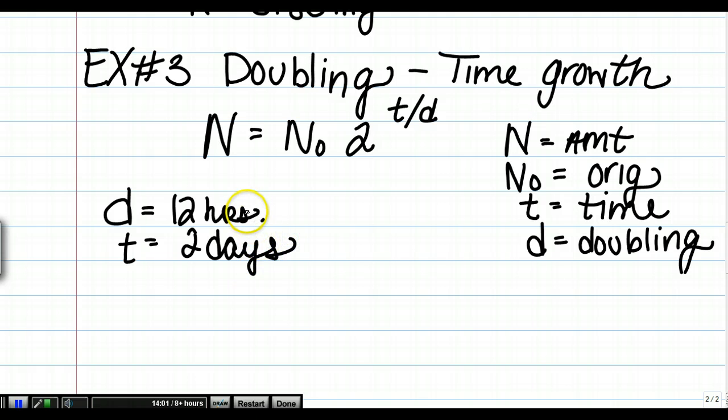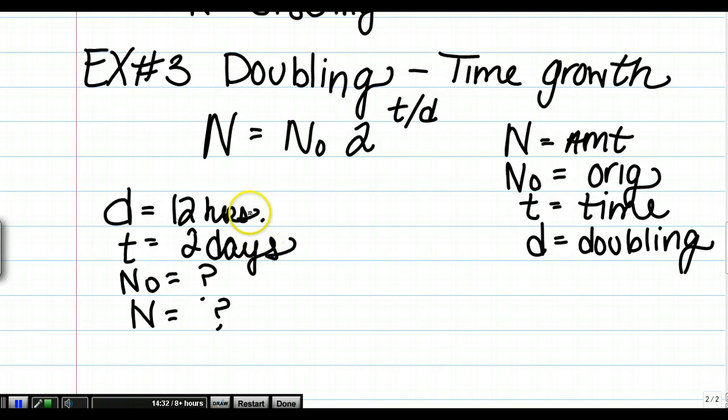If you notice here, you don't have the same units. You also don't know how much you're starting with, and you also don't know how much you're going to end with. So you're going to have to keep this part of your formula in your answer because you don't know what it is. It didn't give you enough information to fully get an actual decimal or number answer.